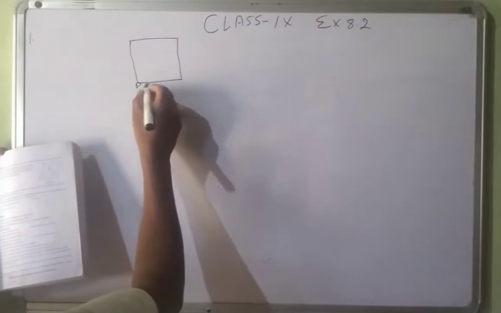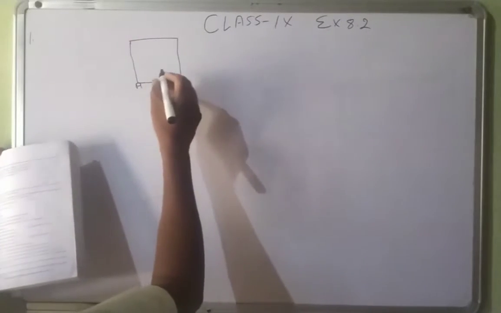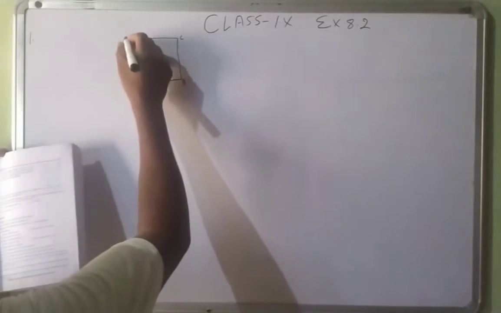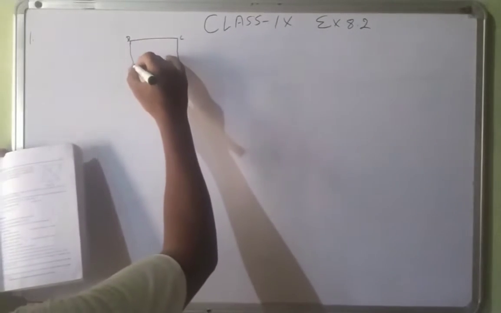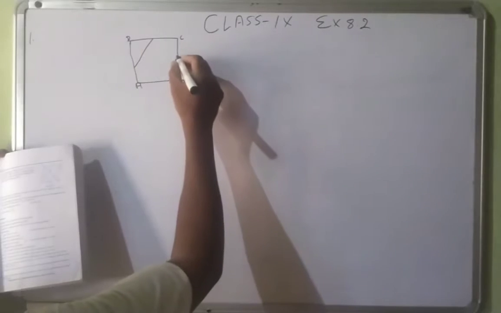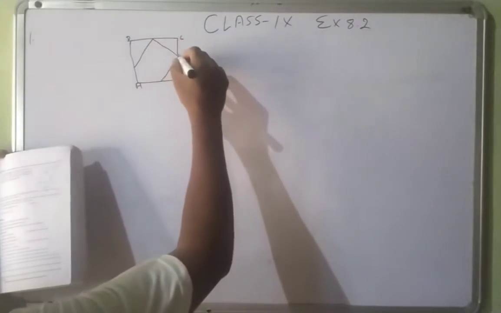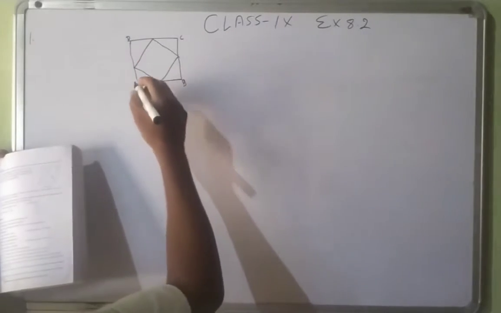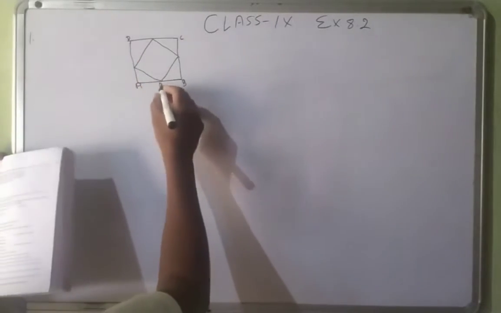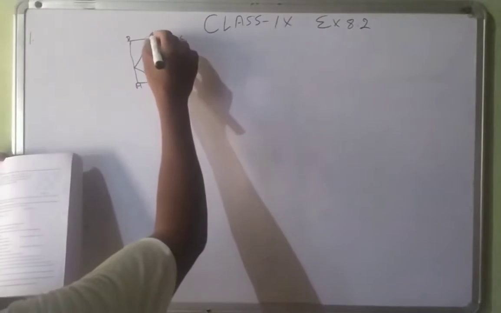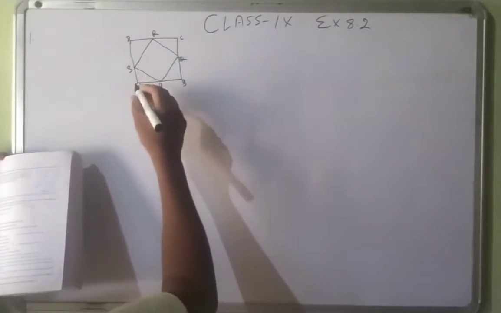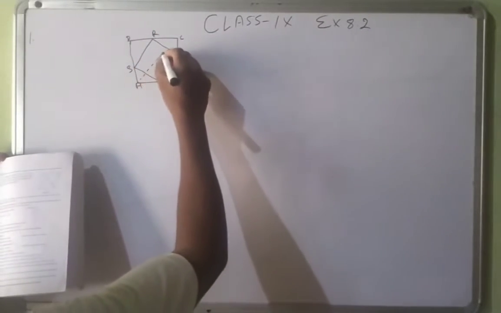A, B, C, D, and then these are the midpoints P, Q, R, S, and then we will join them.